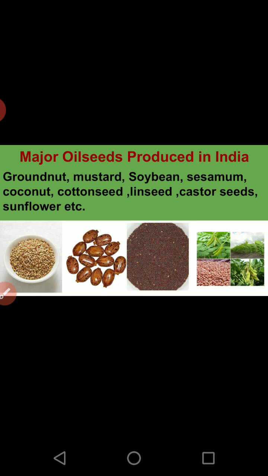Another industrial raw material: linseed, castor seeds also as a medicine, and the sunflower. Now sunflower is also a kind of oil giving plant, and here the sunflower oil is used for cooking as well as an industrial raw material.